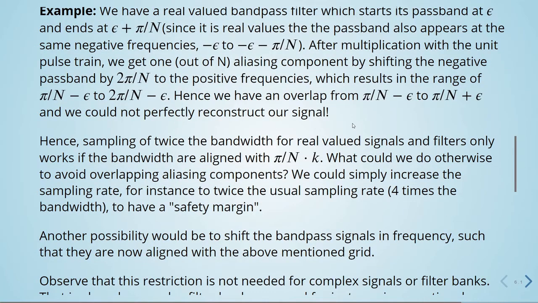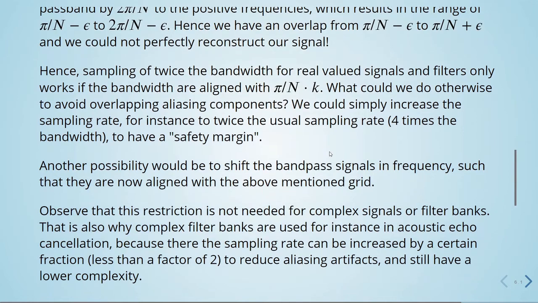To solve this problem, we can use a higher sampling rate, so 4 times, for example, the bandwidth, so having the safety margin, or we can also shift the bandpass signals in frequency in a way that they are aligned with this grid of pi divided by capital N times k.